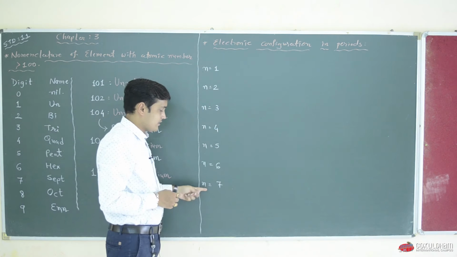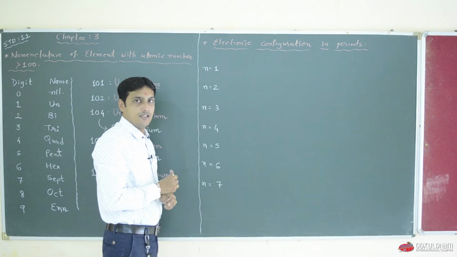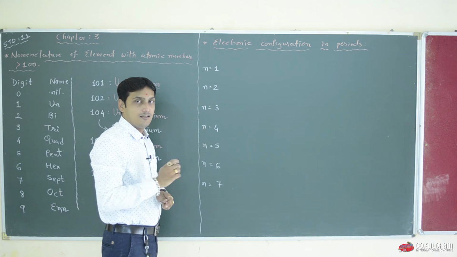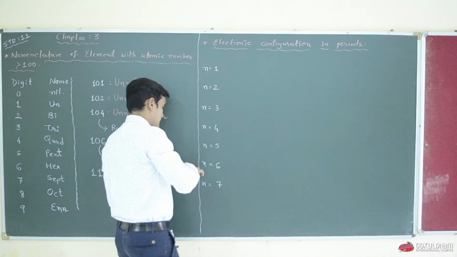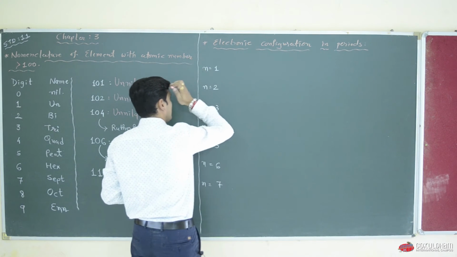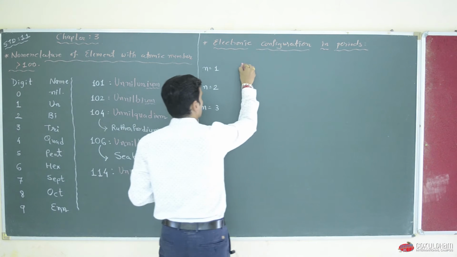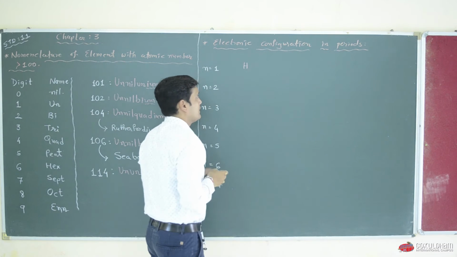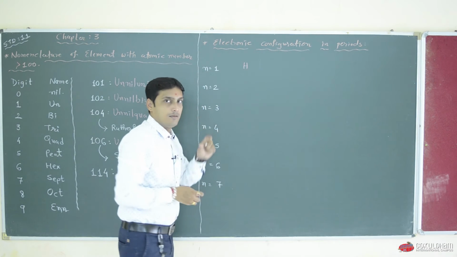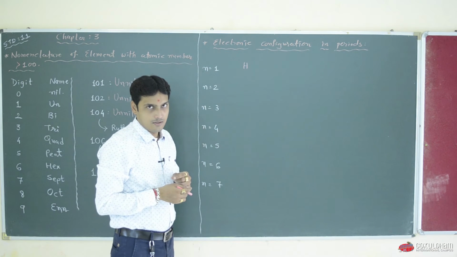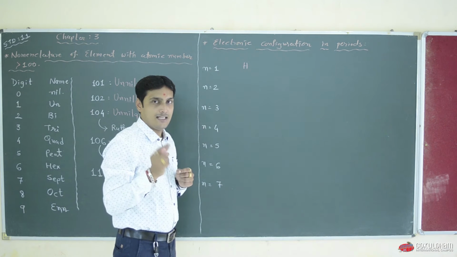We know that in our modern periodic table there are 7 periods and 18 groups. In the first period, our first element is hydrogen, and this is the shortest period of the periodic table. Shortest period means our first period contains only 2 elements.